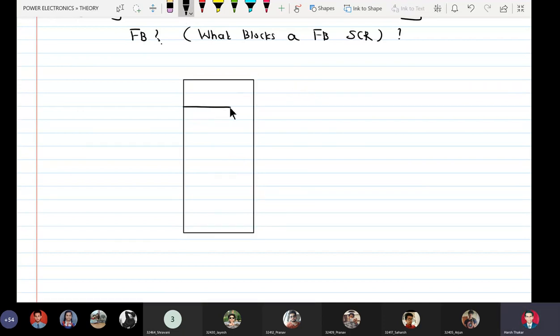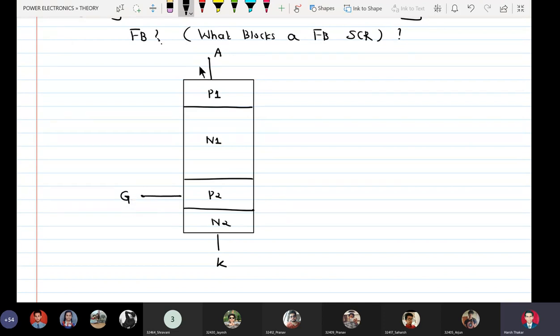We can have P1, N1, P2, N2. We have anode, we have cathode, and we have gate.